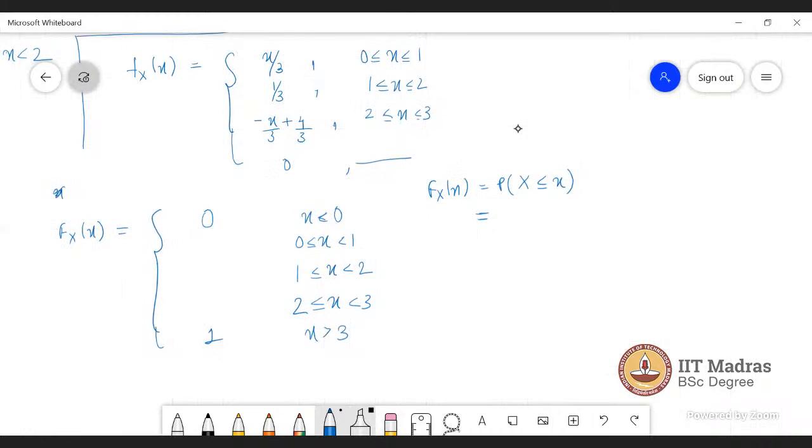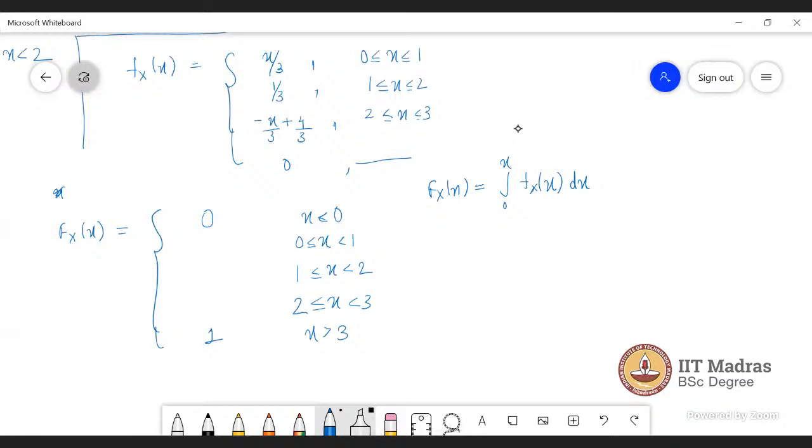So you don't even need to write this. We'll just write the integral of f(x) dx, where x is lying between 0 to x.